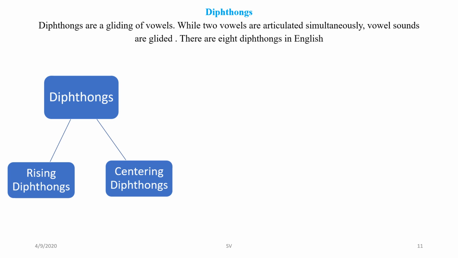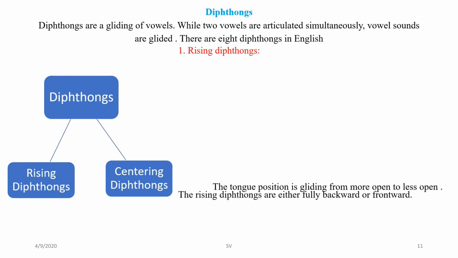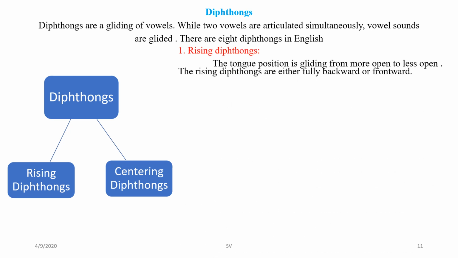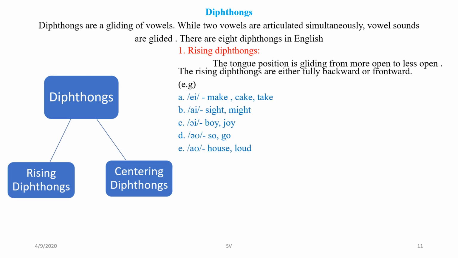The first one is rising diphthongs and the second one is centering diphthongs. Rising diphthongs: the tongue position is gliding from more open to less open. The rising diphthongs are either fully backward or frontward.